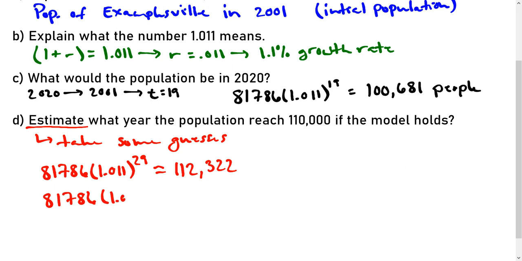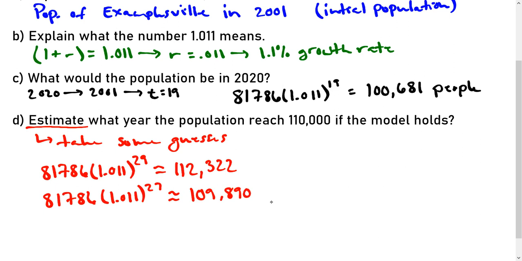So 81,786 times 1.011. Let's go 2 years prior. Okay, let's go 27. So if I plug that in and type in 81,786 times 1.011 and raise that to the 27th, I'm going to get 109,890.